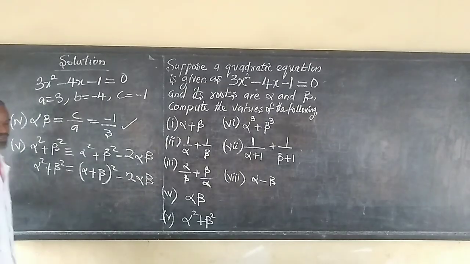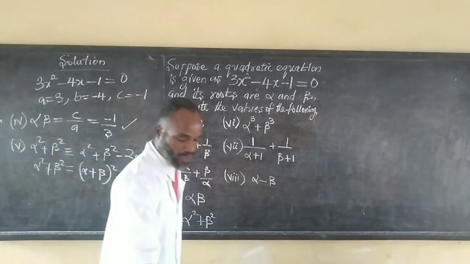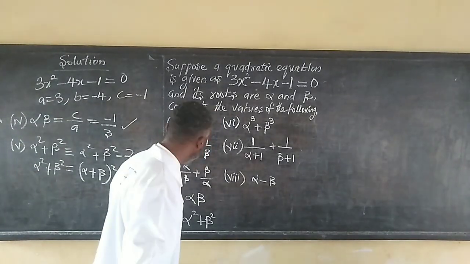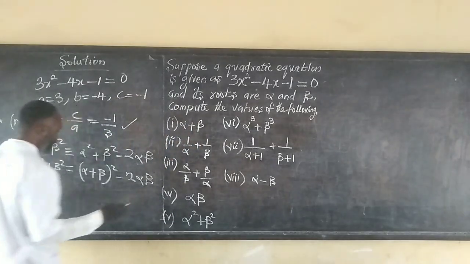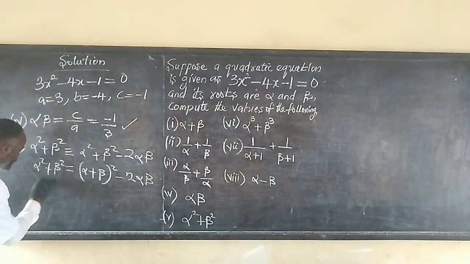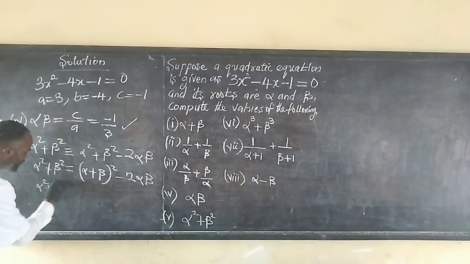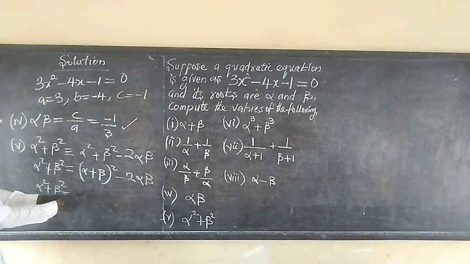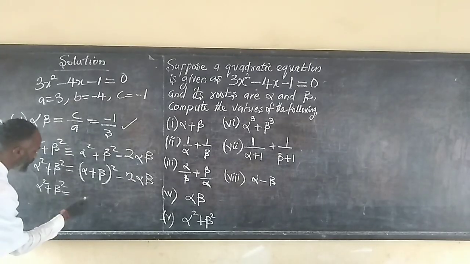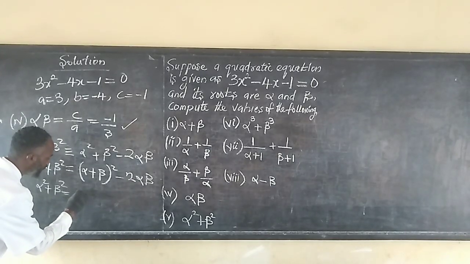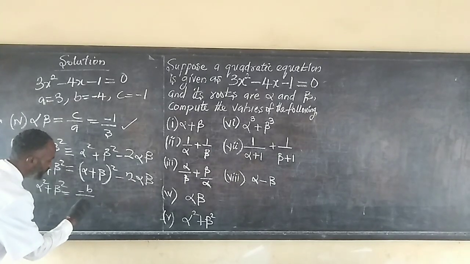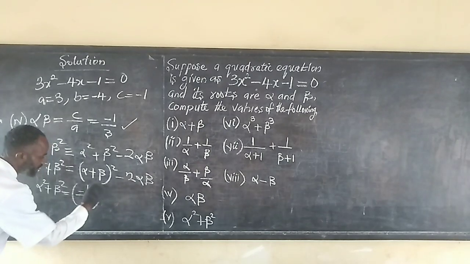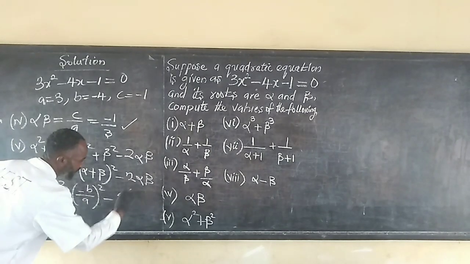I don't want us to waste any time here. This becomes what we already know: alpha squared plus beta squared. We know that alpha plus beta is minus b all over a, and this is squared, and then 2 outside.